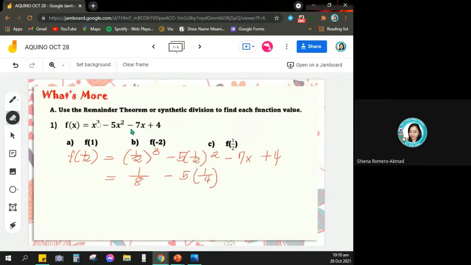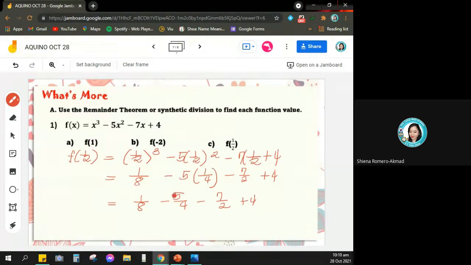Ay, hindi ko pala ito napalitan. Ayan, madali lang yan hanggang dyan sa part na yan kasi multiply lang.